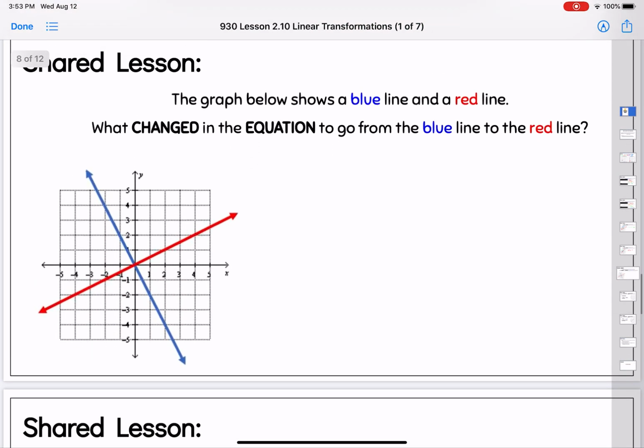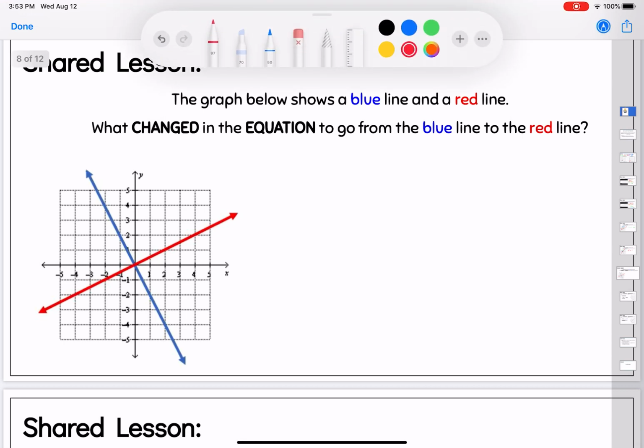How about this one? So again, blue and red, what has changed to go from the blue line to the red line? So the blue is the original, the red is the new. Again, I see my y-intercept has stayed the same. They both cross the y-axis in the same place.